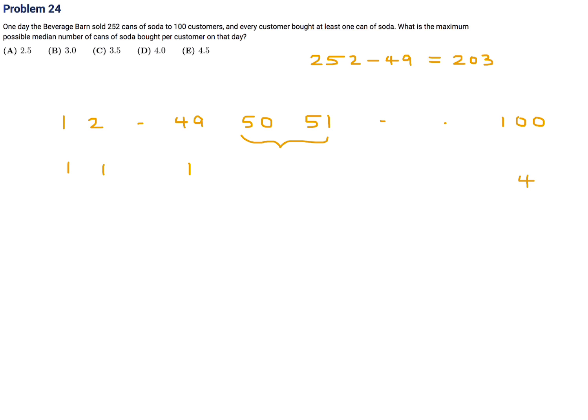Everybody's got to have purchased 4. And if you do that, this guy is going to have 3. That's the way the math works out there. Because essentially it's 50 times 4, which is 200, plus 3. So now we just want the median of these two guys, and the median obviously is 3.5.